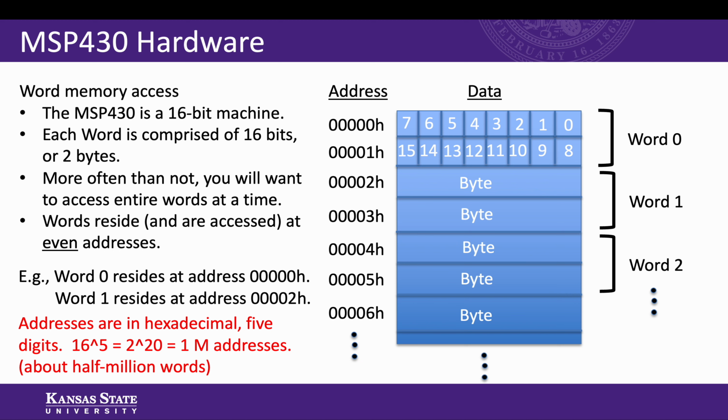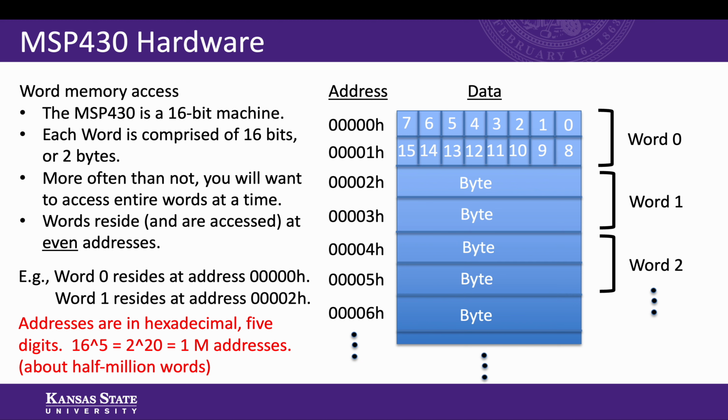So if we don't understand how many unique addresses we get, let's consider that a single address line can be 0 or 1. So it can specify 2 addresses. 2 address lines, then, by the same logic, can specify 4 addresses: 00, 01, 10, 11. In general, n address lines can specify 2 to the n unique addresses.